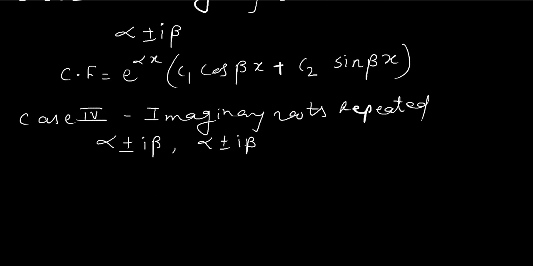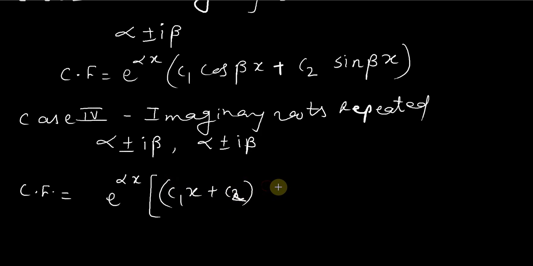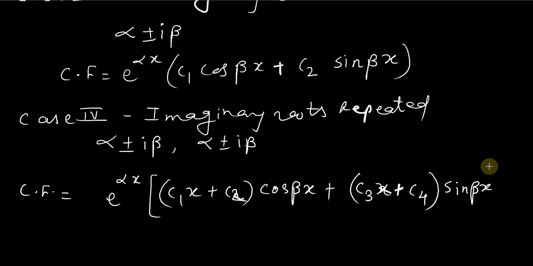So the corresponding CF is e raised to alpha x times (C1 x plus C2) cos beta x plus (C3 x plus C4) sin beta x.